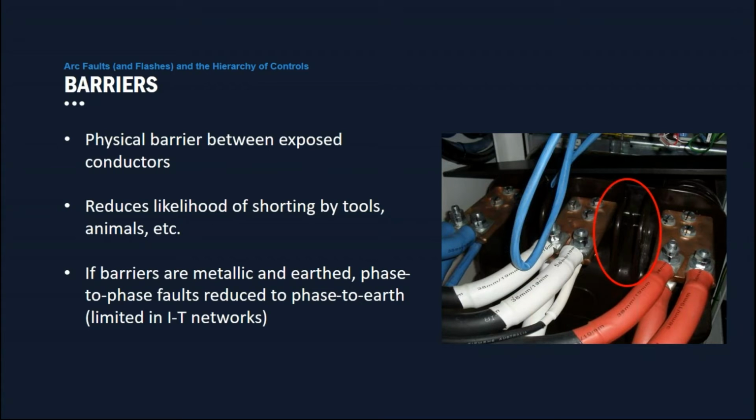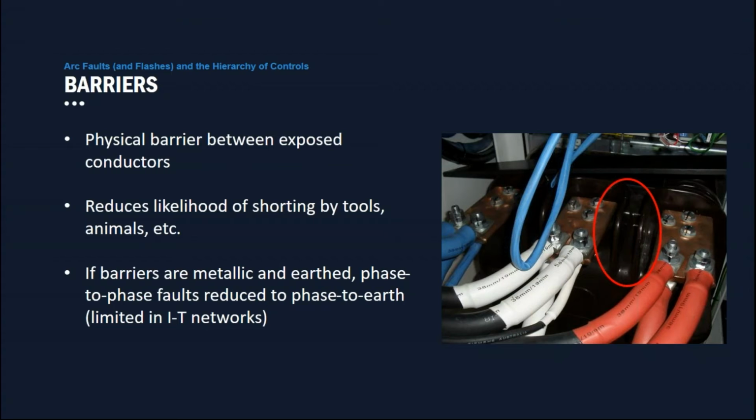It's difficult to pick up on this picture, but there's a physical barrier between the phases. What that is designed to do is increase the physical distance between the exposed copper, such that the likelihood of a fault between those two phases is diminished. In this case, that barrier is an insulating barrier.